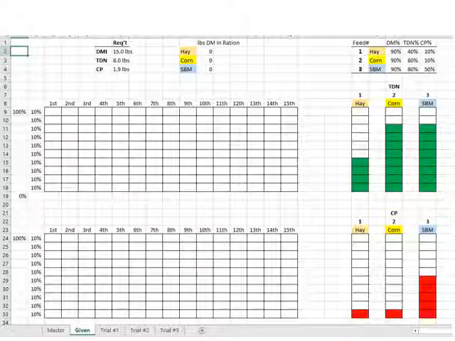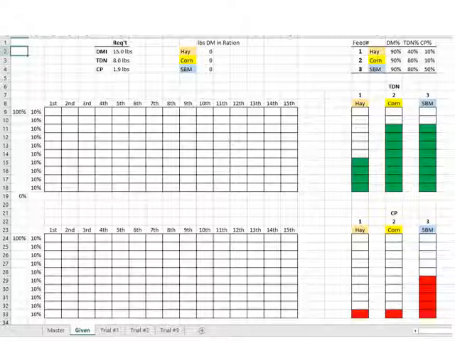Each of these columns is 1 pound of feed, and I can divide that into 10 equal parts or 10%. So the top is going to be energy, the bottom is going to be crude protein.